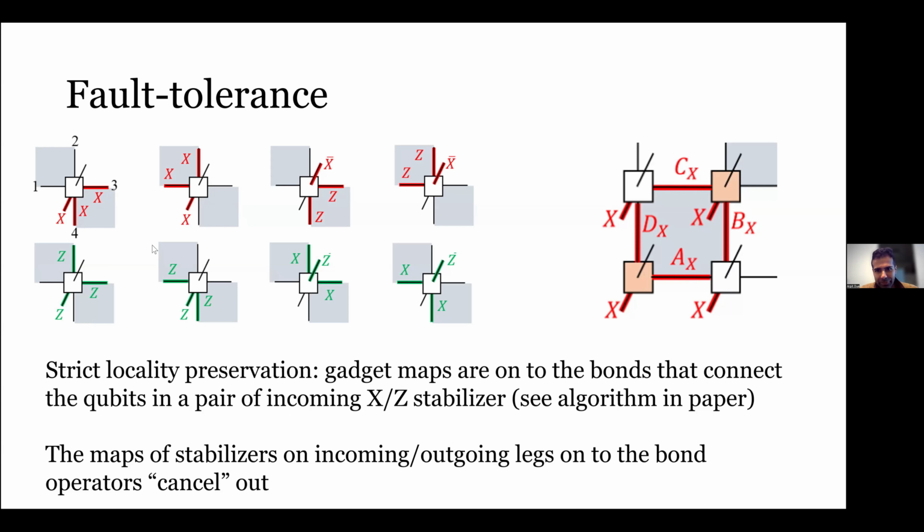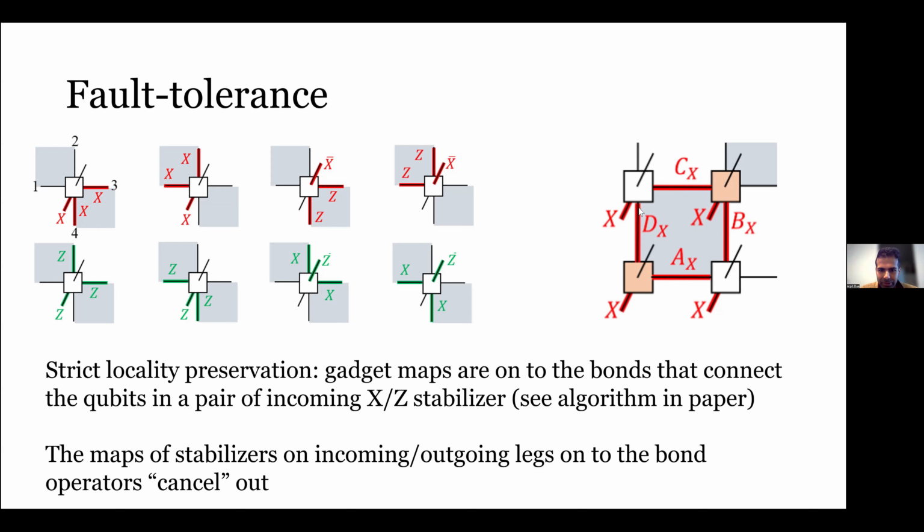And these maps are found in such a way that if you combine these maps for incoming Pauli operators and use them to look at the map for a stabilizer, like this XXXX stabilizer shown on the right, then they consistently map onto these four bonds, in a way that each of those maps are consistent onto the pairs of bonds they map. So for example, X here would map onto X and X on these two bonds, and X over here will also map to X and X on these bonds, so that they are consistent on this vertical bond.